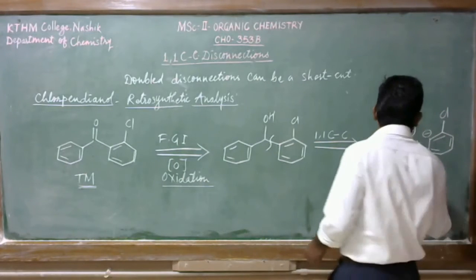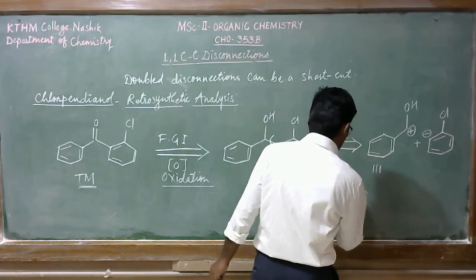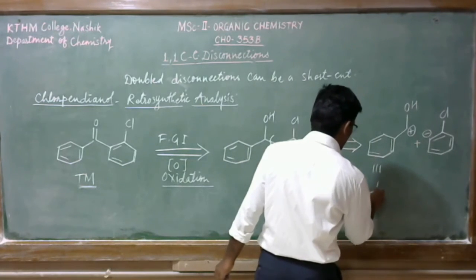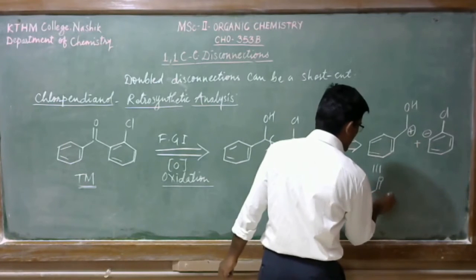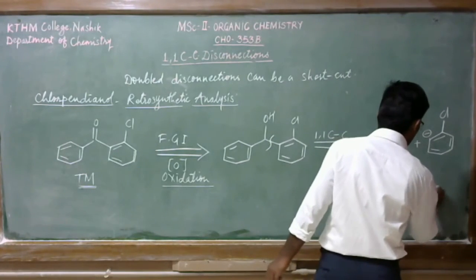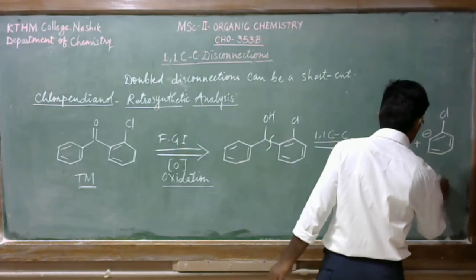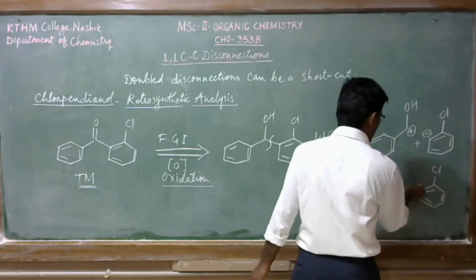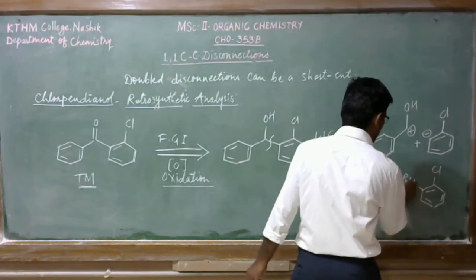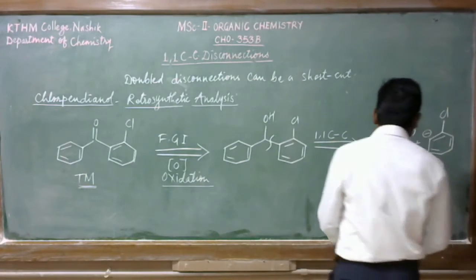So let us translate these synthons. So this would be the benzaldehyde and this would be the Grignard reagent. This is our Grignard reagent.